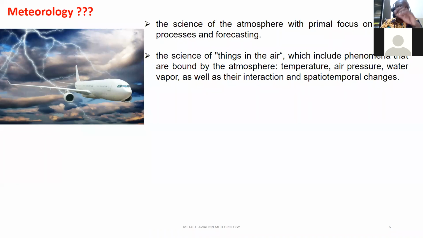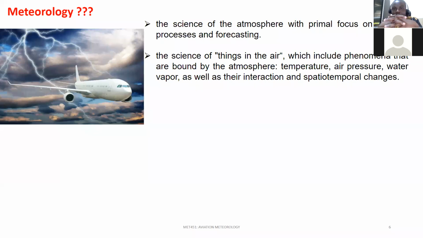So various phenomena that are bound by the atmosphere. For instance, you look at the variables themselves and how they relate to certain key phenomena like temperature, air pressure, water vapor, aerosols, various concentrations of matter and so on and so forth.